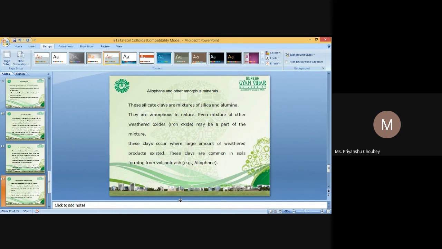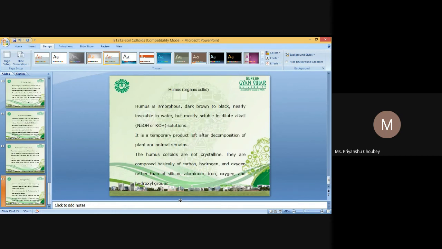Exchangeable sodium percentage greater than 15, more exchangeable sodium, magnesium and calcium, plus exchangeable acidity, pH 8.2. And calcaric soil: rocks and calcaric are hard, 10 centimeter thick calcic horizon, and roots cannot penetrate.